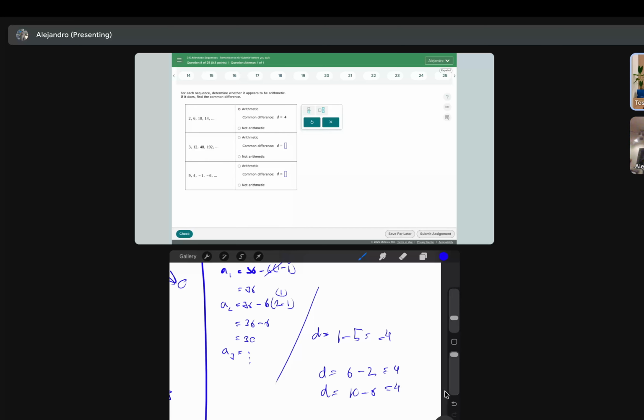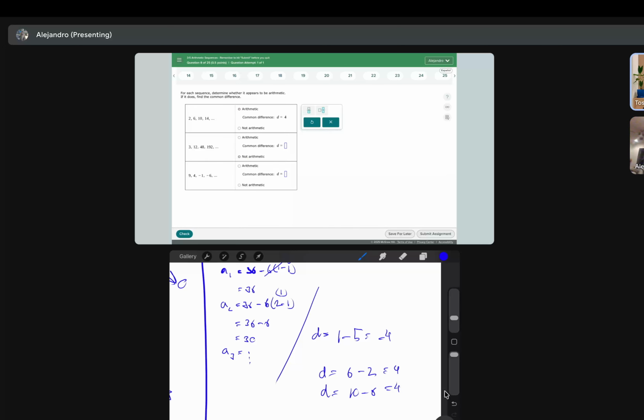Okay, the next one, 3 to 12. You can always use a calculator, okay? Like 9. So you can tell it's not. From 3 to 12. But then 12 to 48, that's not arithmetic. It's too big. Okay.